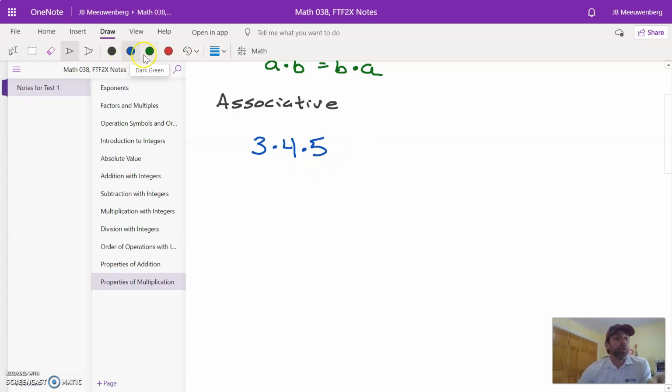Now, the order of operations, if you followed it, would say you have to start by multiplying the first 2 numbers, working from left to right. 3 times 4 is 12, and then you'd have to multiply 12 times 5. However, you might notice that it might be easier if you're doing this in your head to start with the 4 and the 5, because those make a nice, pretty number. 4 times 5 is 20.